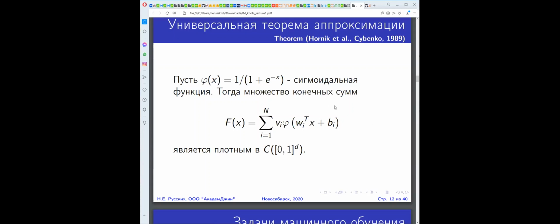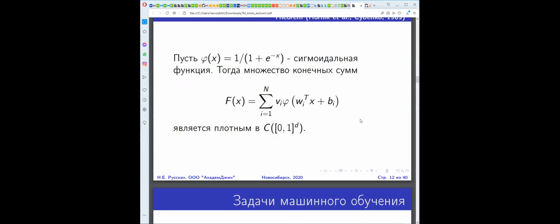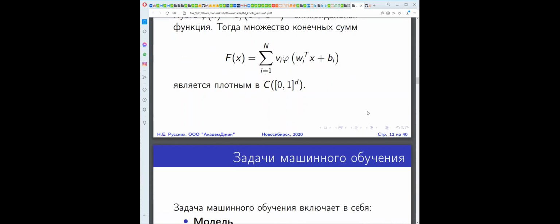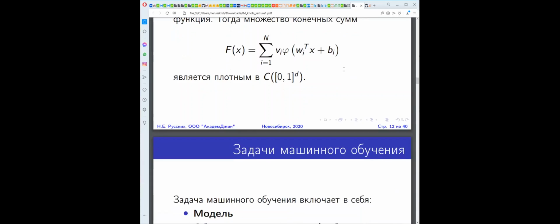And moreover, that number n grows really fast with the dimension of input. So it guarantees that if we take a large enough network, we'll solve the task, but it doesn't tell us how. So we gotta figure out what parameters to take ourselves.